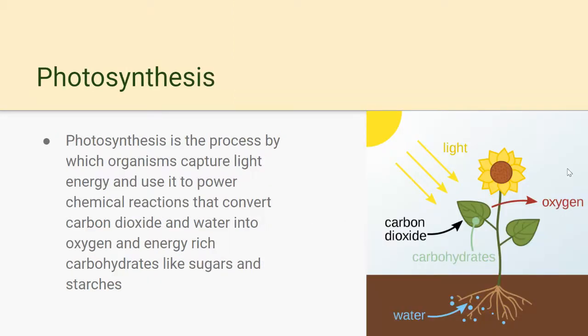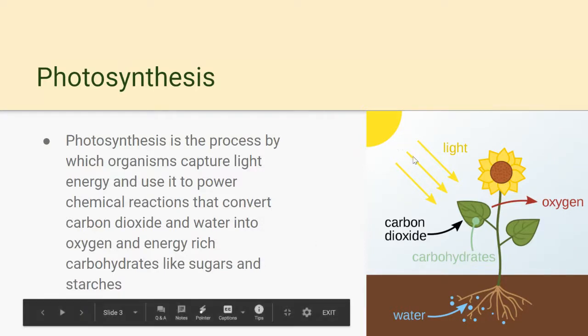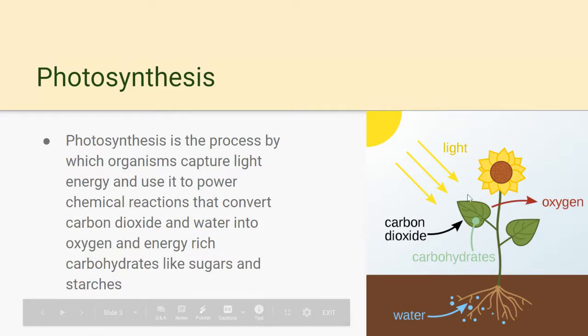Photosynthesis. Photosynthesis is the process by which organisms capture light energy and use it to power chemical reactions that convert carbon dioxide and water into oxygen and energy-rich carbohydrates like sugars and starches. So we've got light coming in and water going in and carbon dioxide going in.